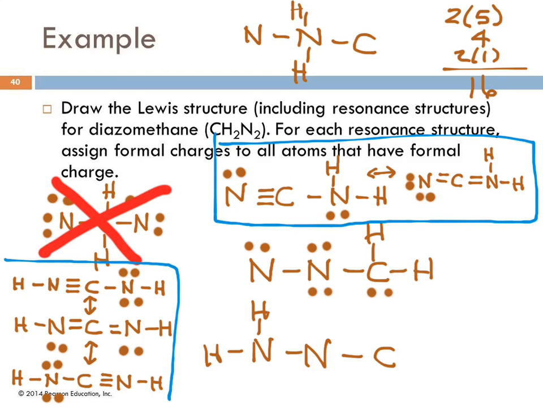Well, let's take this lone pair and put it in here. And that's not quite enough, so let's take this lone pair and stick it in there. Is that happy? Sure, that's happy.